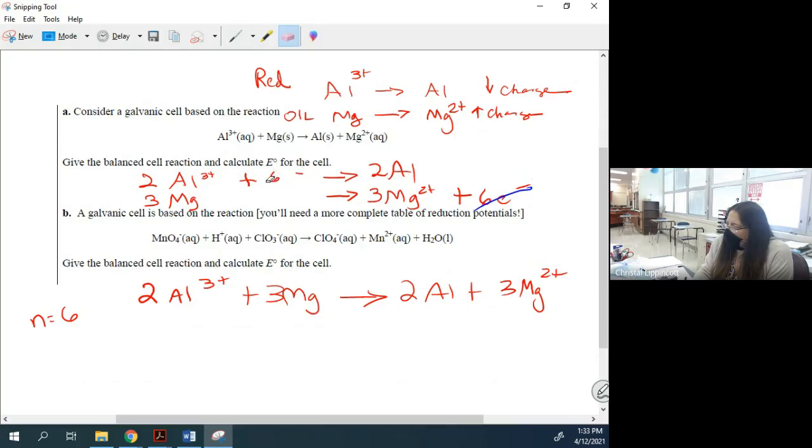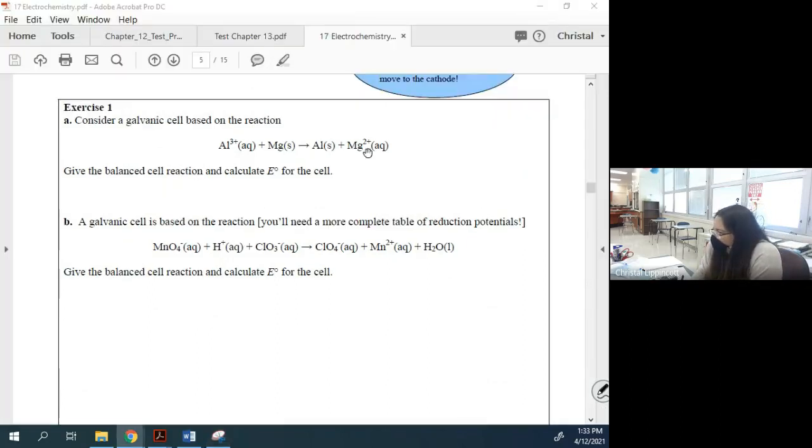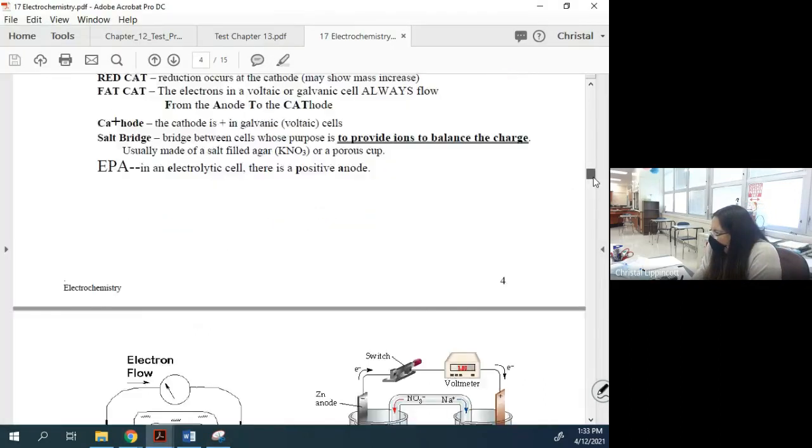All right. So I've got that taken care of. If I go back and look at these equations and find my potentials for these guys, I'm going to look back on that reduction potential chart, and I'm going to find my aluminum that gained 3 electrons, and my magnesium with 2. We're going to go back to this chart here.